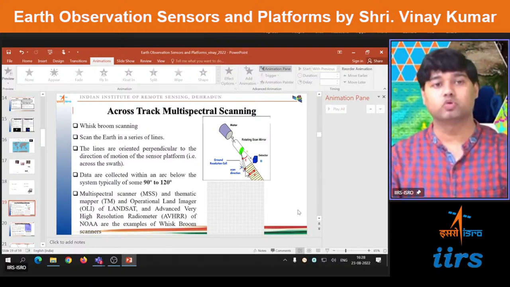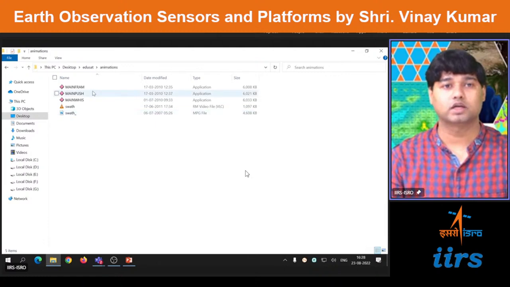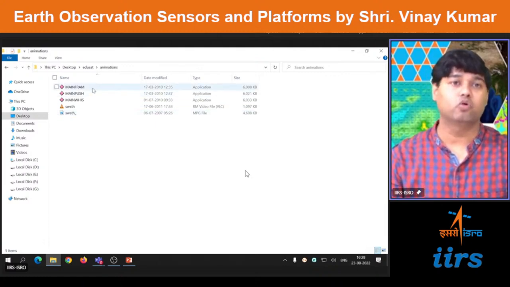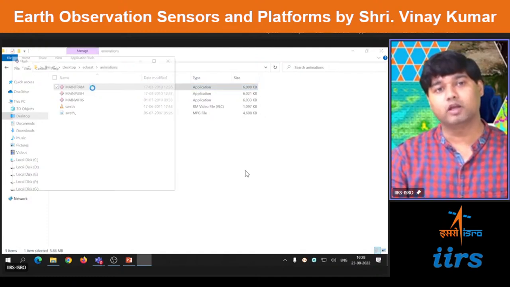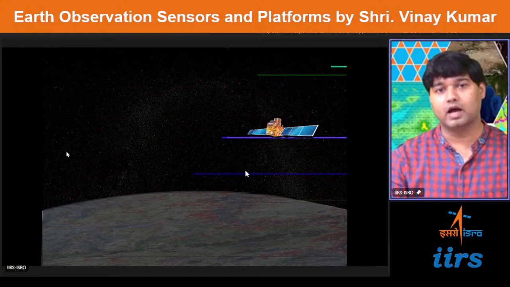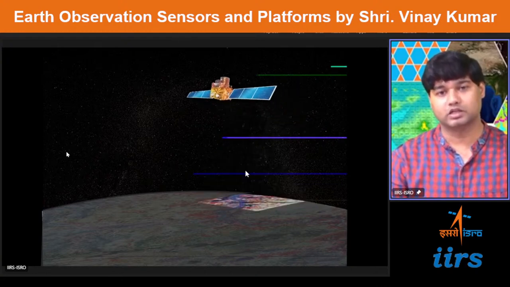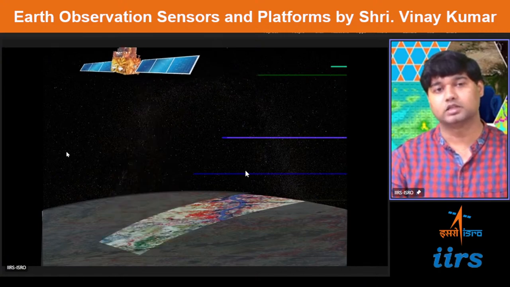Now I will show you an animation of how the whisk broom scanner works and how it collects the data. But before that, just see that earlier they used frame cameras for data acquisition. One area is collected at a go, then another frame, and data is collected like this.